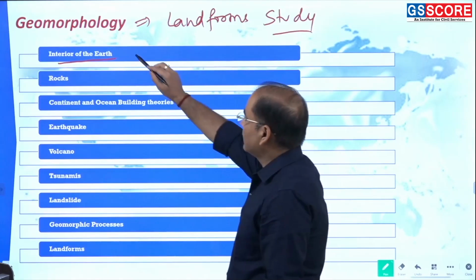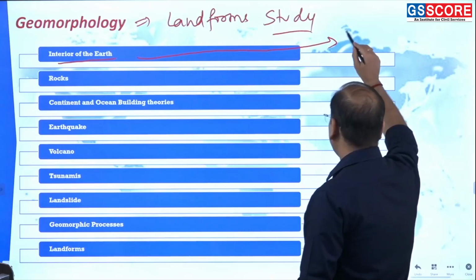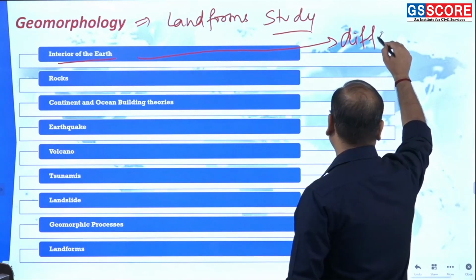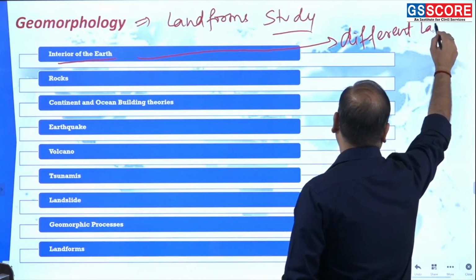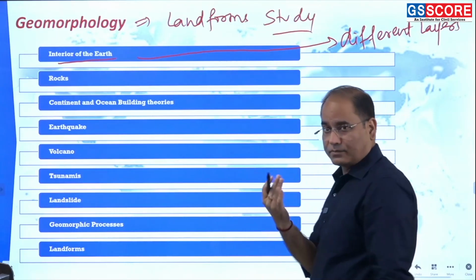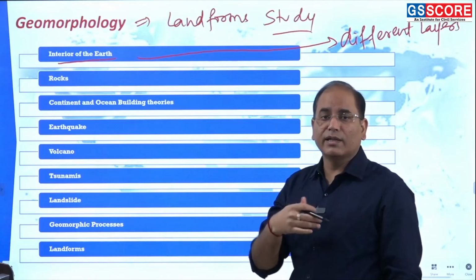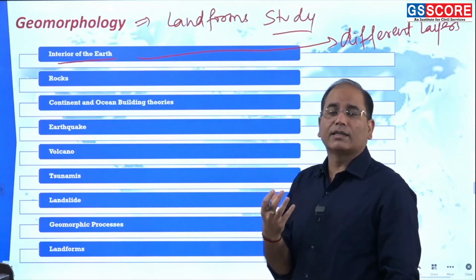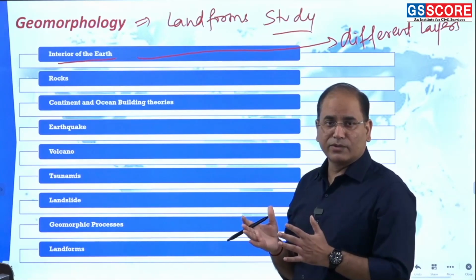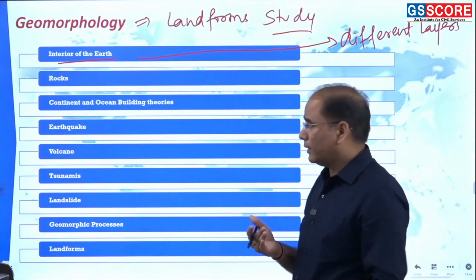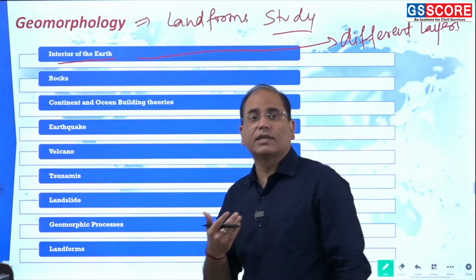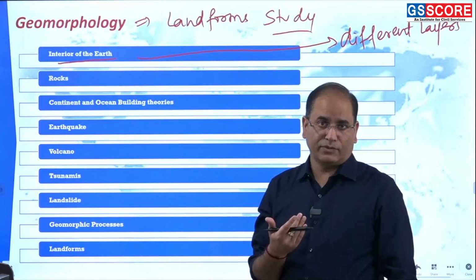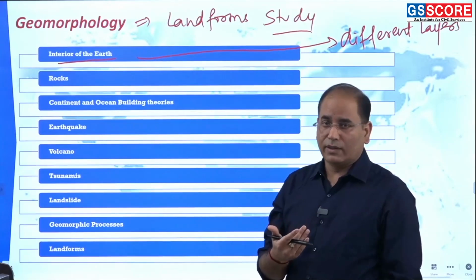So under this interior structure you will get to know the different layers. You are supposed to study how these layers evolved, what the different relevance of those layers is, how some of the layers are in a liquid medium, why some of the layers are in a solid medium, and what the relevance of this liquid and solid medium is.